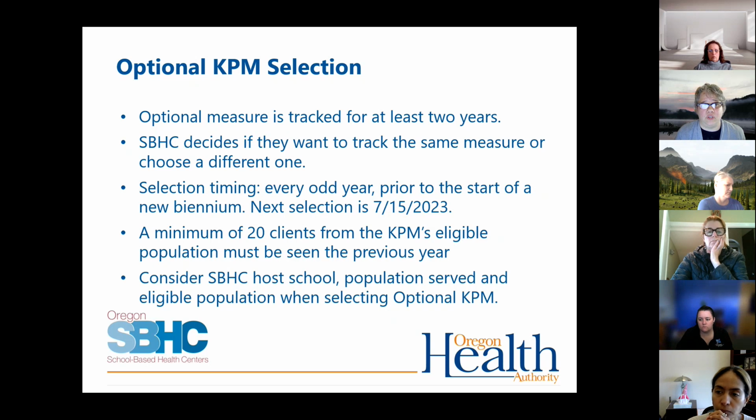If you're seeing elementary school age kids, you're not going to want to select one of the teen immunization series, because you're unlikely to have at least 20 clients in the particular age range for the teen immunization series. I'll go into that a little bit more further down the line, and I've got a good table to show you the different ages for the different measures. And as always, you can email me or give me a call and we can talk through it.